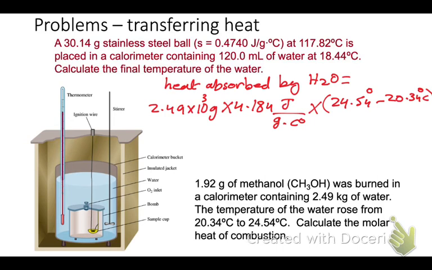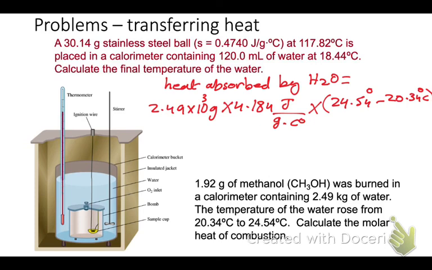Let's do the math. So I have 2.49 times 10 to the power 3 times 4.184 times the change of temperature, 24.54 minus 20.34.